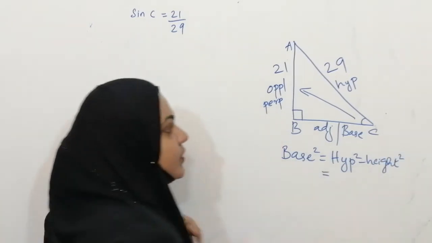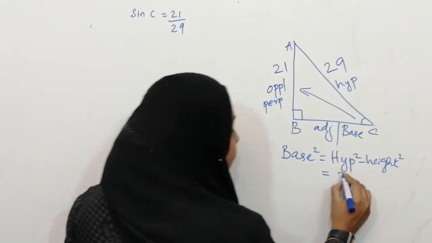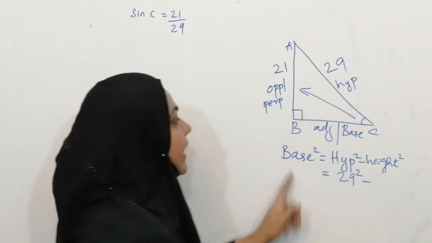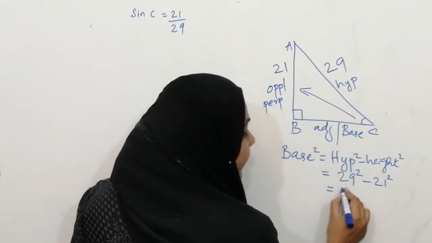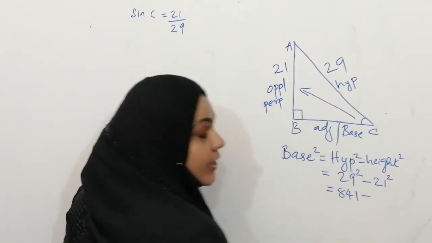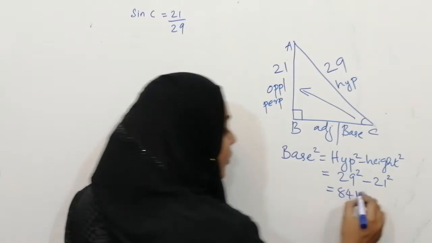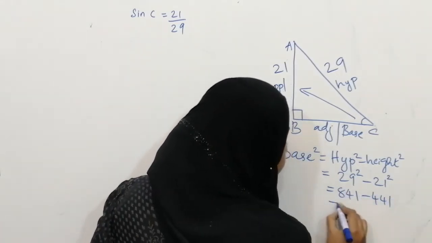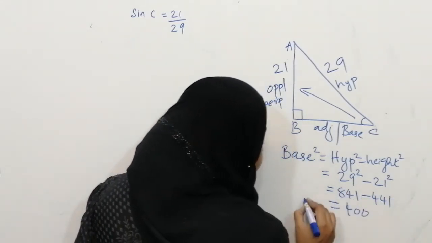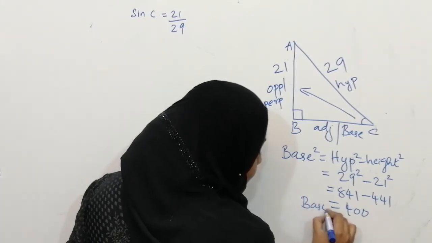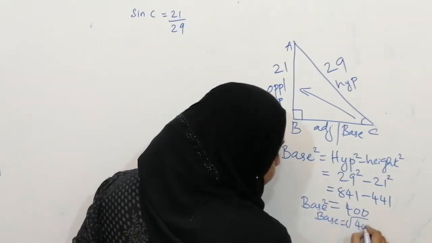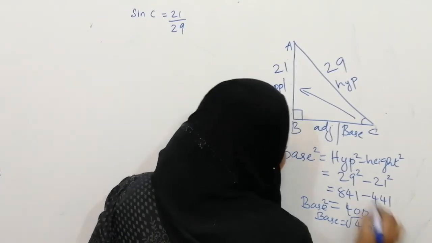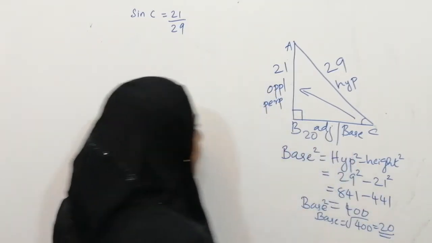Hypotenuse is 29, so 29 square minus height, which is 21, so 21 square. 29 square is 841. 21 square is 21 into 21, that is 441. So your answer is 400. So base square is equal to 400. Base is equal to square root of 400, that is 20. So now you got the base is 20.